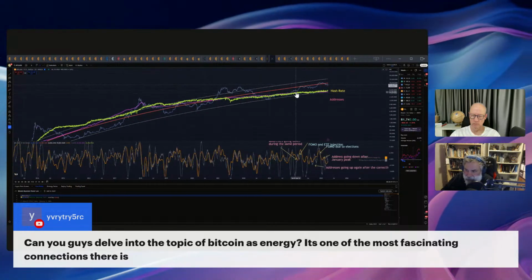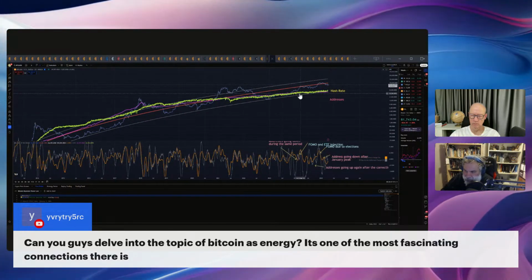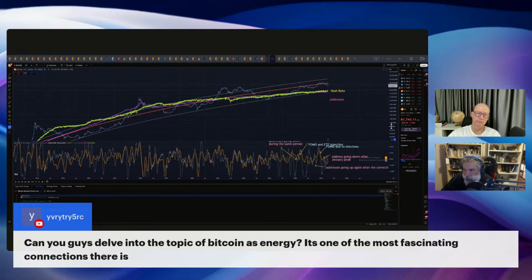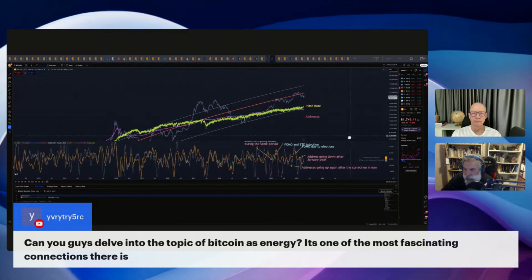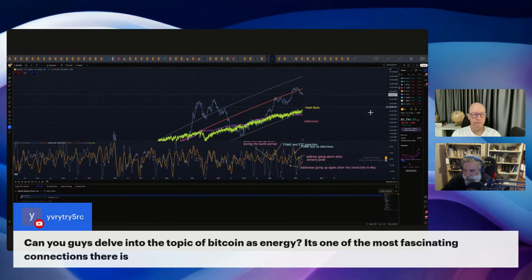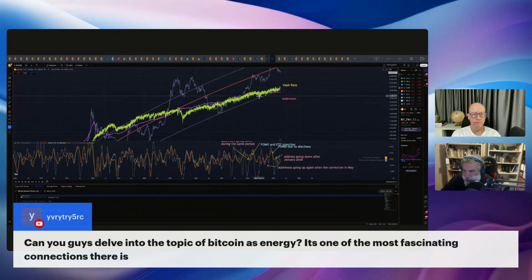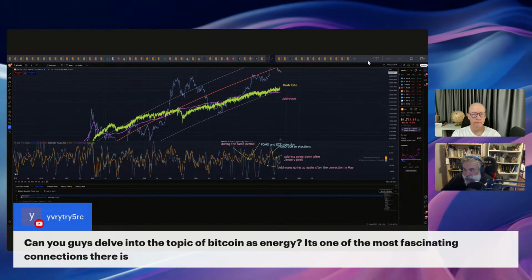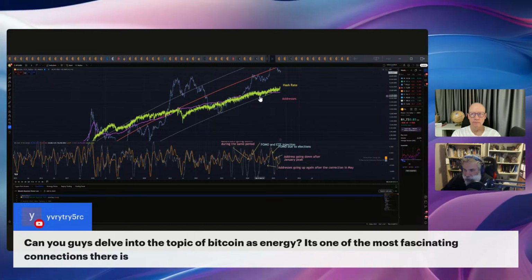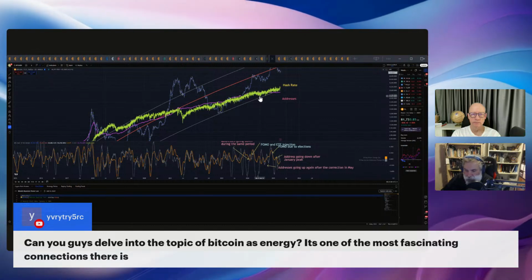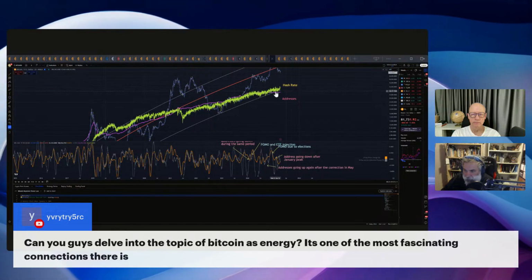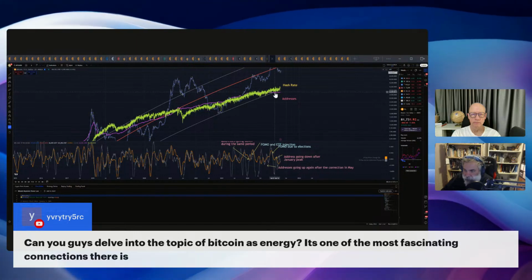But now, what you see is a convergence of this yellow line, and in fact even the purple, which is addresses, towards the support. It's kind of interesting. I don't think it's a coincidence that since June of '24 we have followed it very closely.